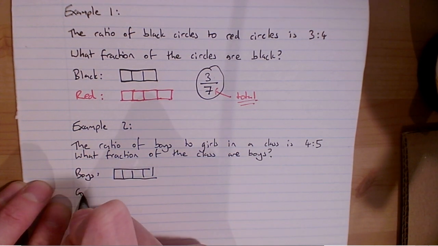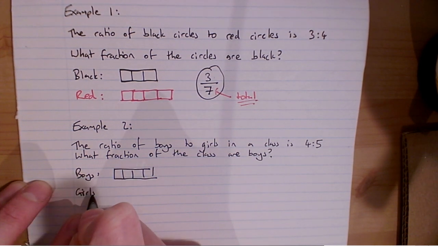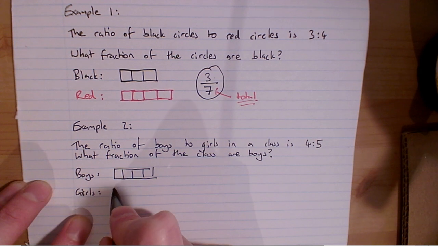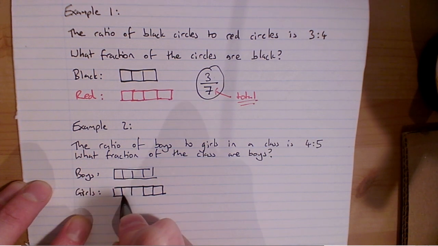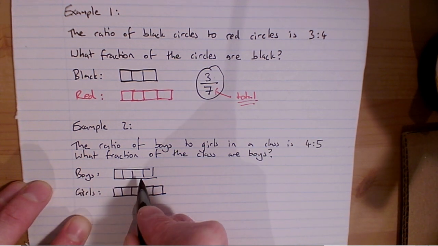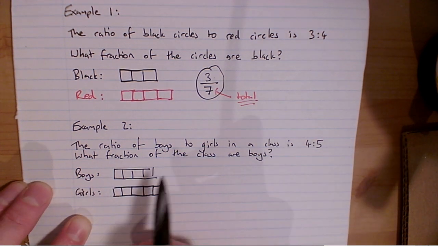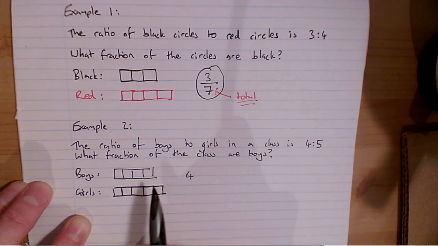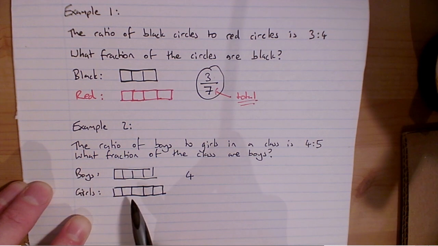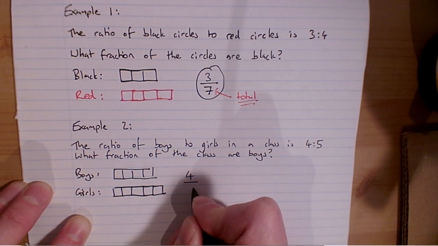And then for girls, there are 5 parts, so I'm going to draw 5 boxes. And I've got these boxes all the same size and all lined up. What fraction of boys? Well, there's 4 boxes for boys, and in total there's 1, 2, 3, 4, 5, 6, 7, 8, 9. So it's 4/9.